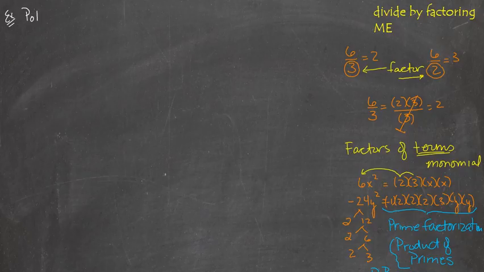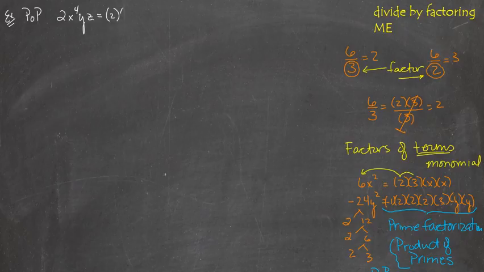Let's pop 2x to the fourth yz. Sorry, I got a little bit lost in my notes. We want to pop this number, which means we want to write it as a product of primes. Well, 2 is already a prime number, so the only product I have to write is 2.